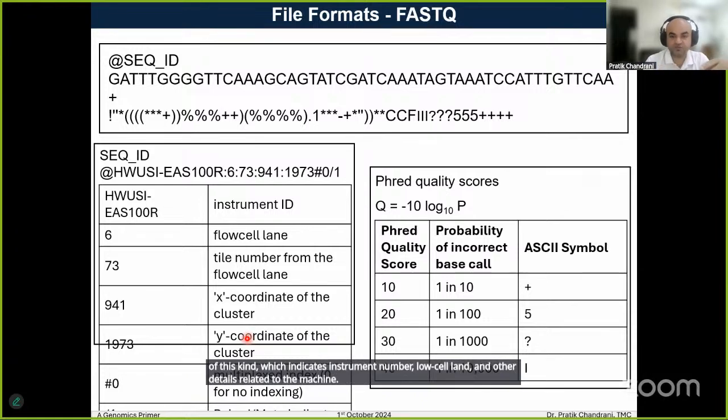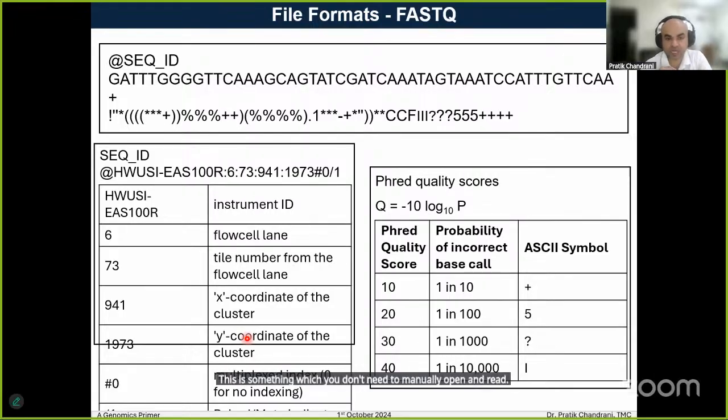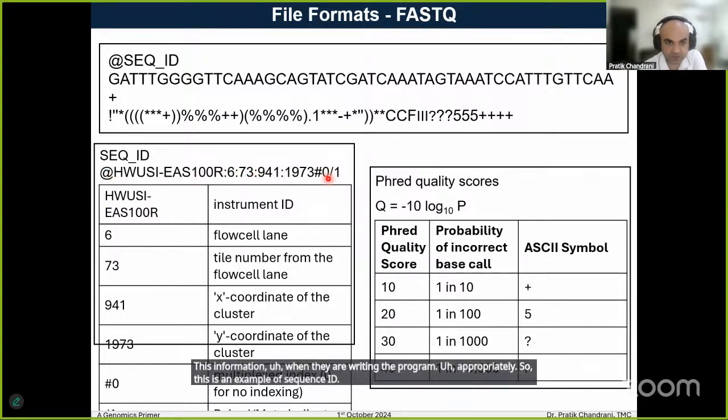This is something which you don't need to manually open and read. This is essential only for bioinformaticians so that they can read this information when they are writing the program appropriately. So this is an example of a sequence ID. If you actually open a FASTQ file, this is how the sequence ID will look. And if you are interested in more details, feel free to consult this table afterward.